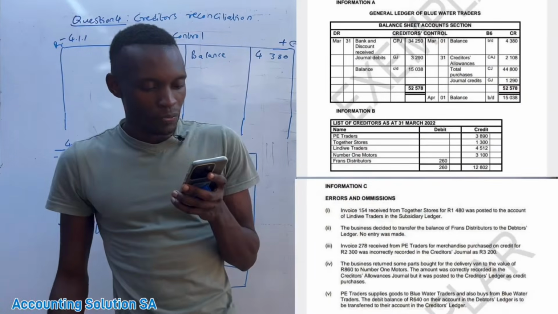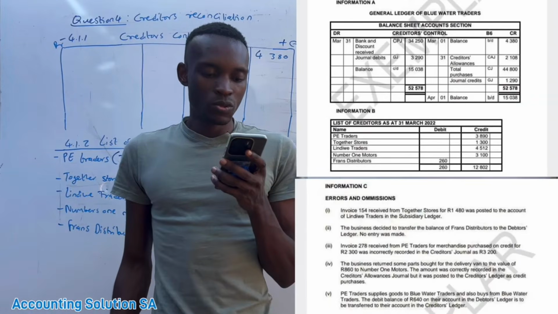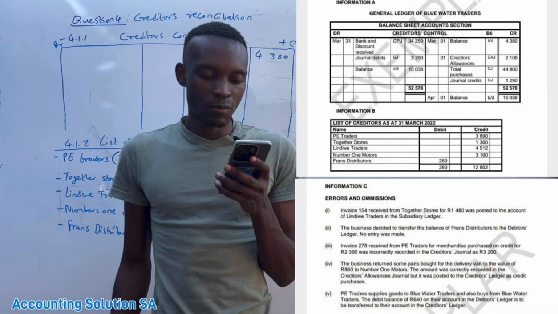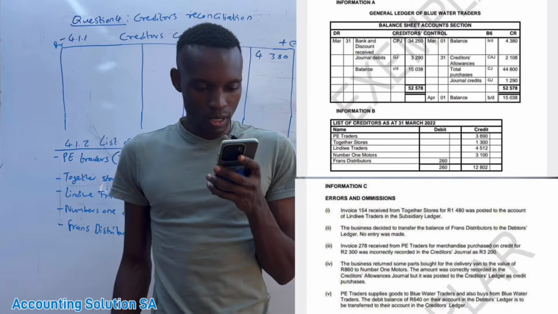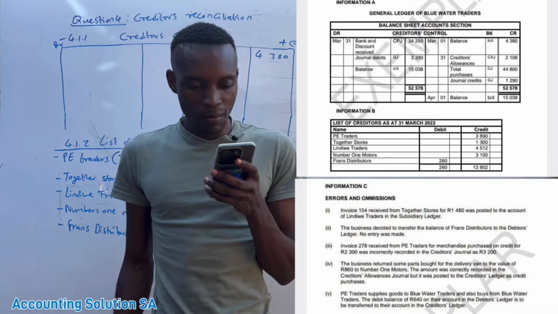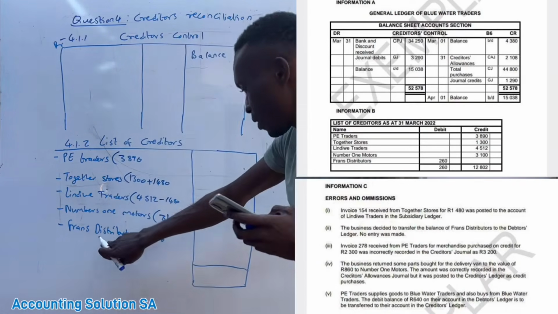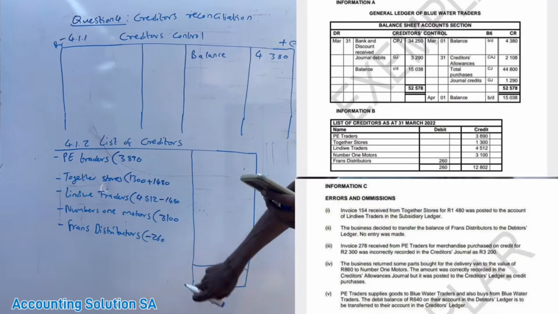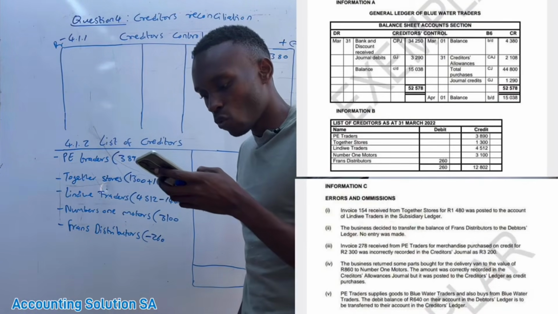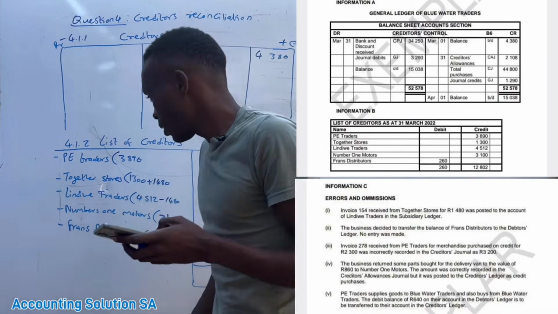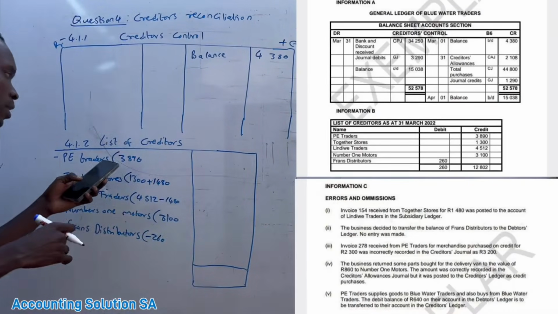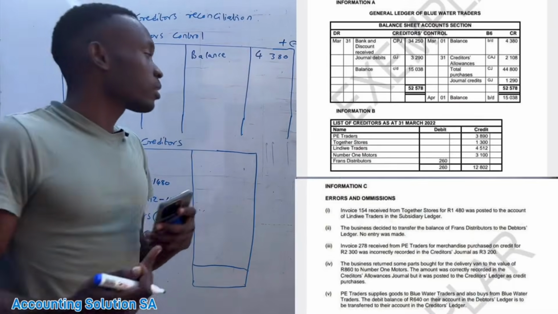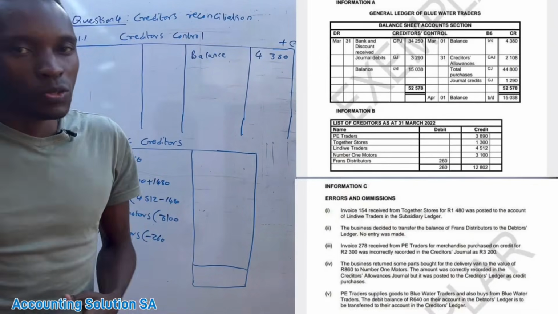Okay, number 2. The business decided to transfer the balance of France Distributor to the debtors ledger. No entry was made. France Distributor is this one. This amount has been transferred to the debtors ledger. Remember, this one is a creditor, which means that this person is our supplier and is also a customer to us.